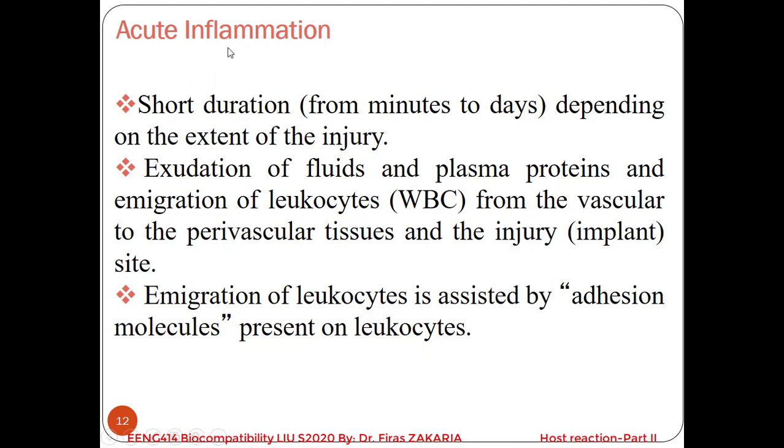In acute inflammation, the main characteristics here are the exudation of fluids and plasma proteins and the emigration of leukocytes يلي هن white blood cells from the vascular to the perivascular tissues and the injury. لما بقول هون أنا in the injury أكيد برجع على implant، كنا أحكي عن implant site.